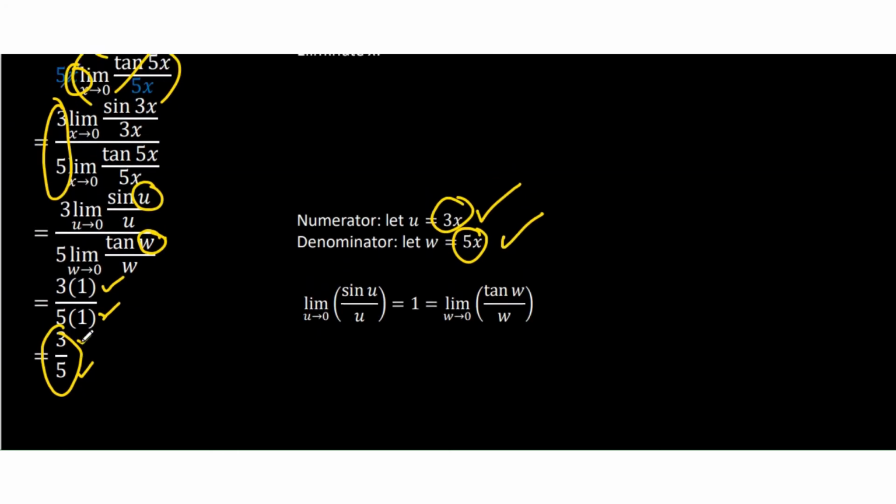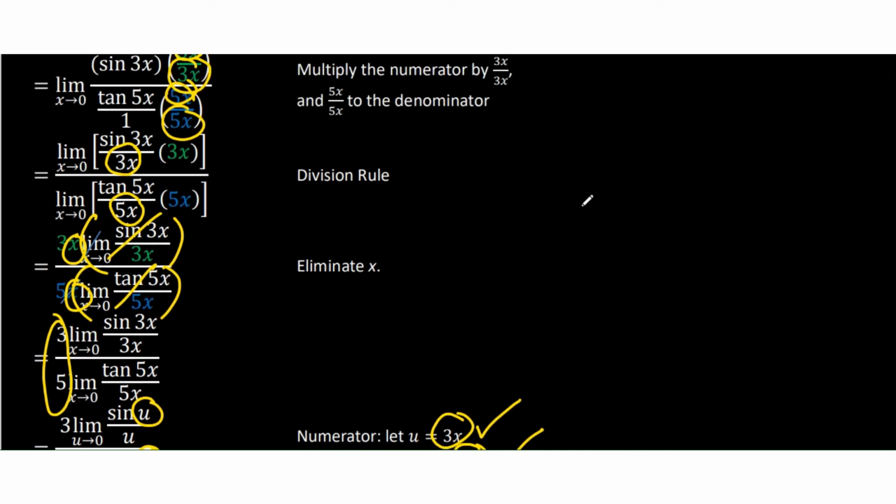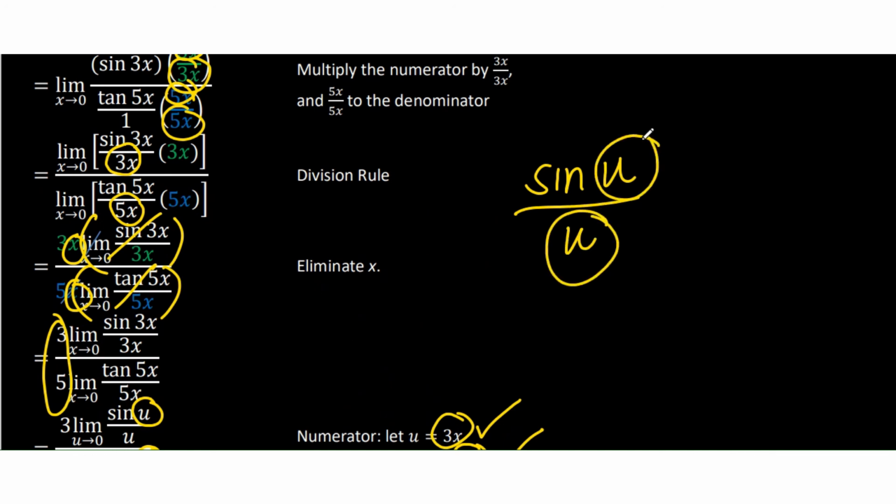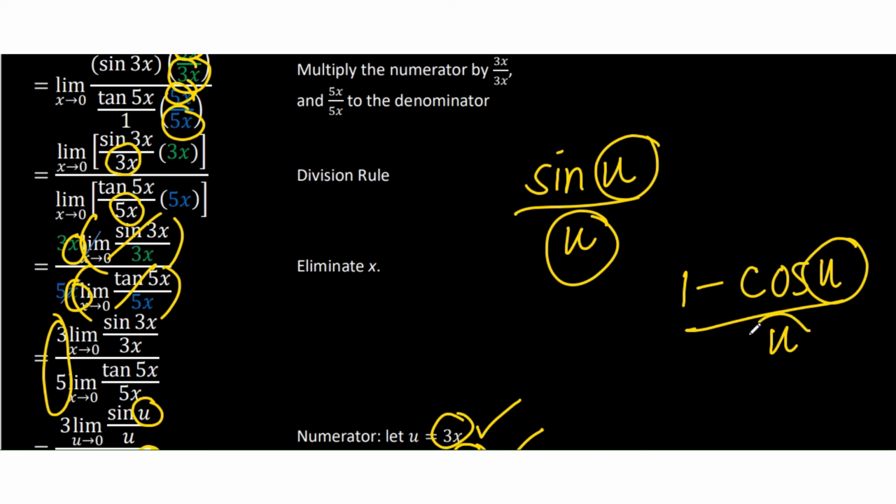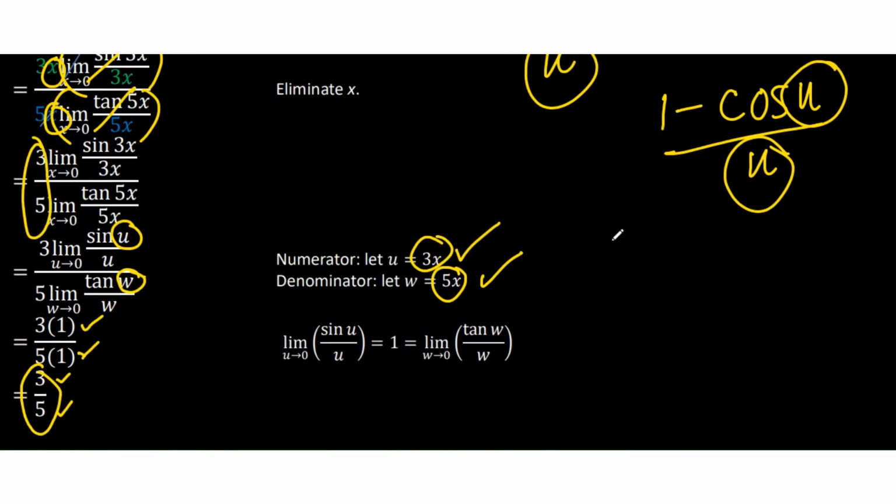Now, you will just remember that in sine u over u, what this means is that the expression of the angle and the expression in the denominator must be the same. That is also true for cosine. So 1 minus cosine u over u, the angle and the expression must be the same. For tangent, the same also.